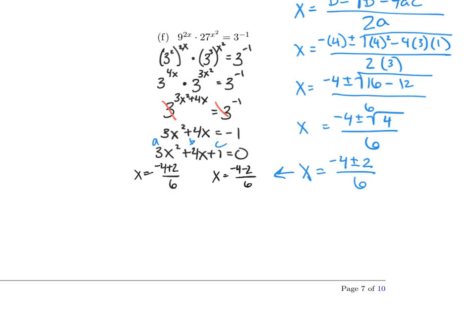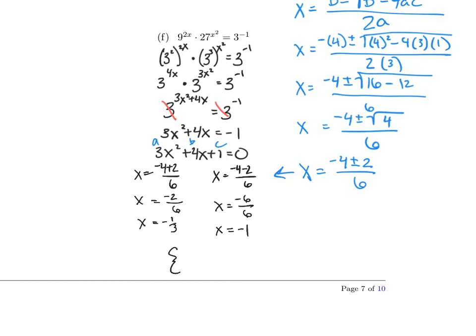So when we solve for the first one, we're going to get x is equal to negative 2 over 6, or reduced, x is equal to negative 1/3. And in our other one, we're going to have x is equal to negative 6 over 6, or x is equal to negative 1.